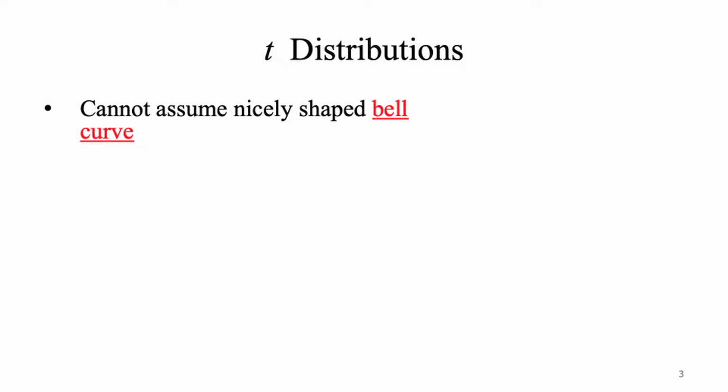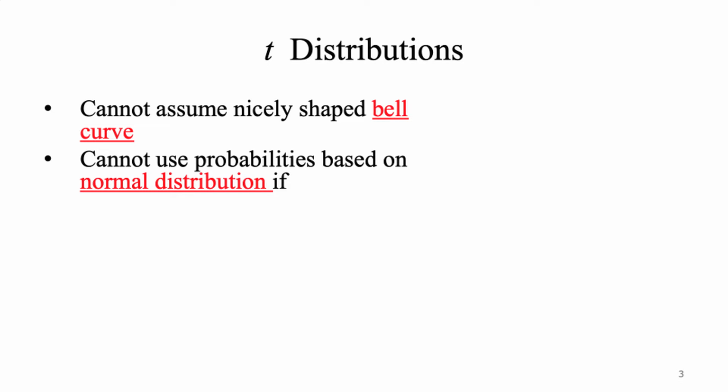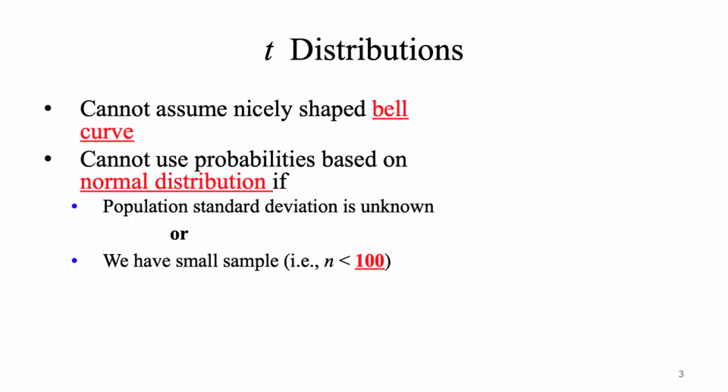T distributions. You cannot assume that a T-distribution is a nicely shaped, so-called bell curve. It's not a perfectly standard normal distribution. You cannot use probabilities based on the normal distribution if the population standard deviation is unknown, which it almost always is, or we have a small sample.